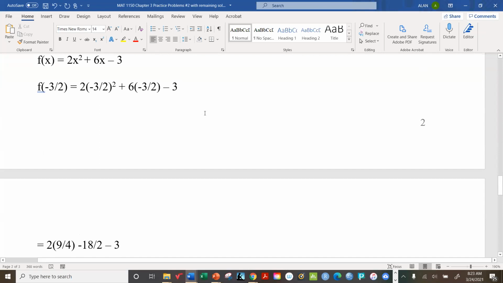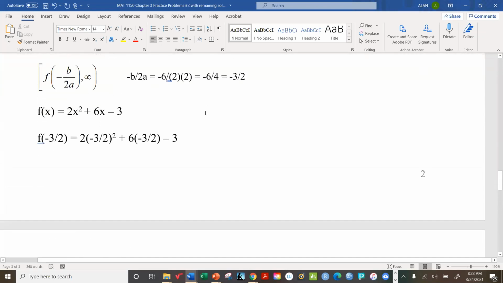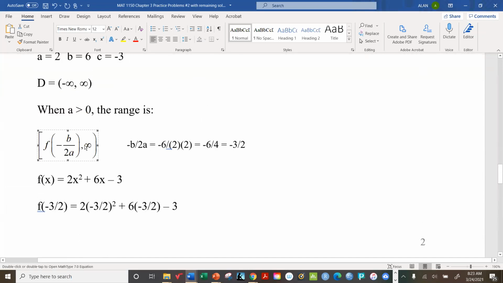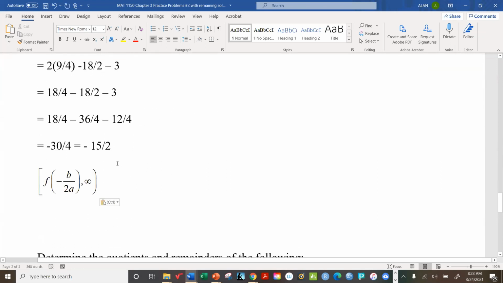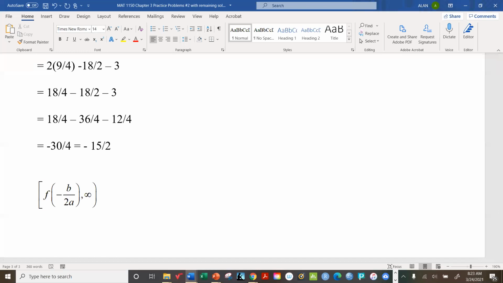Okay, so that's f of negative b over 2a. So that means that our range, based on that formula, is negative 15 halves up to positive infinity.